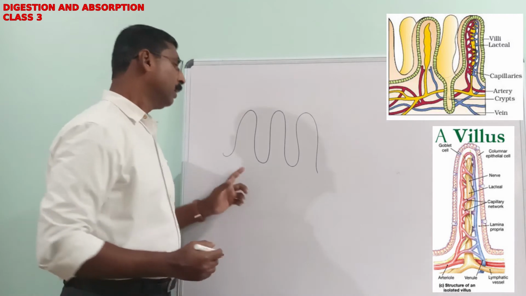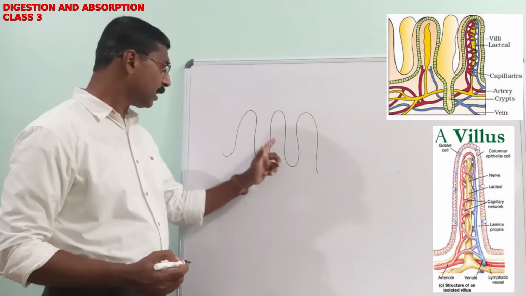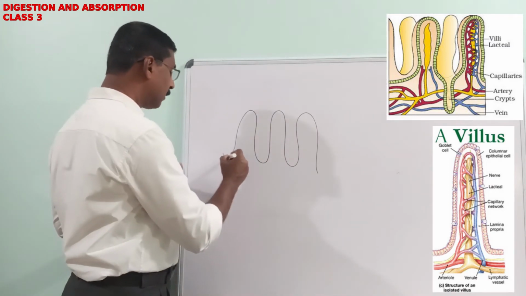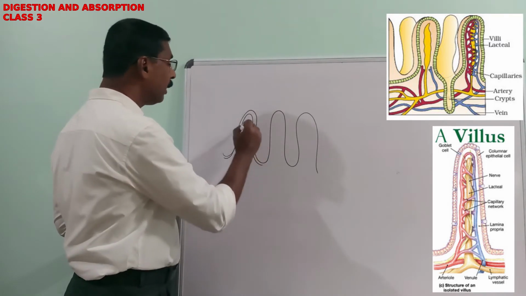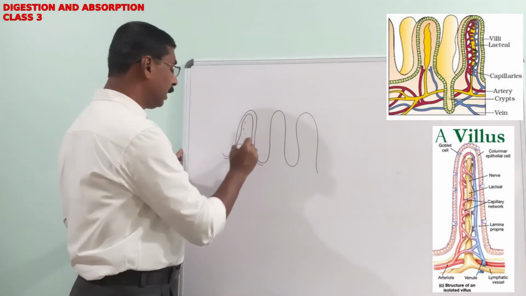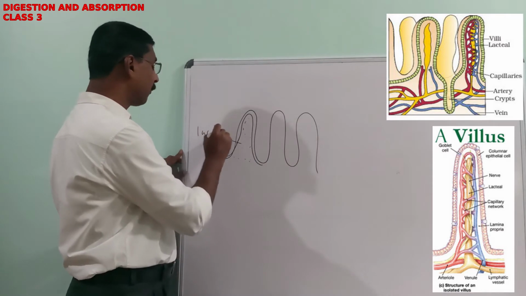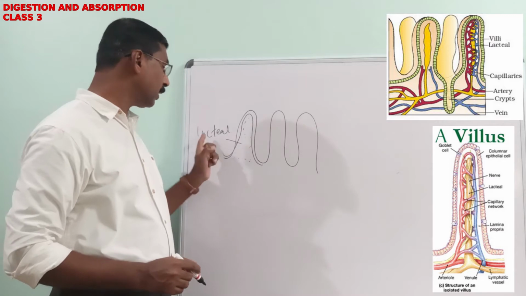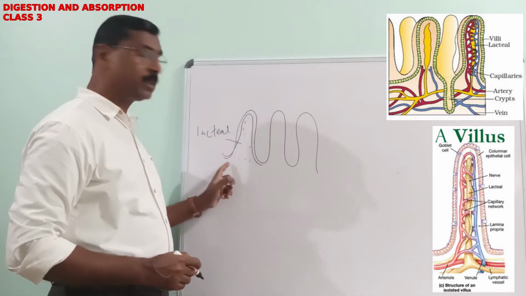Okay, each villus, this is a villus, this is another villus, this is another villus. So each villus has a cavity inside, and this cavity is called lacteal. This lacteal is filled with lymph.